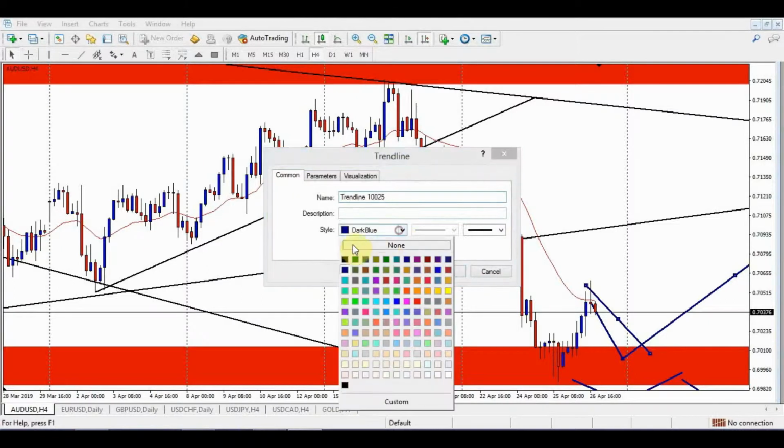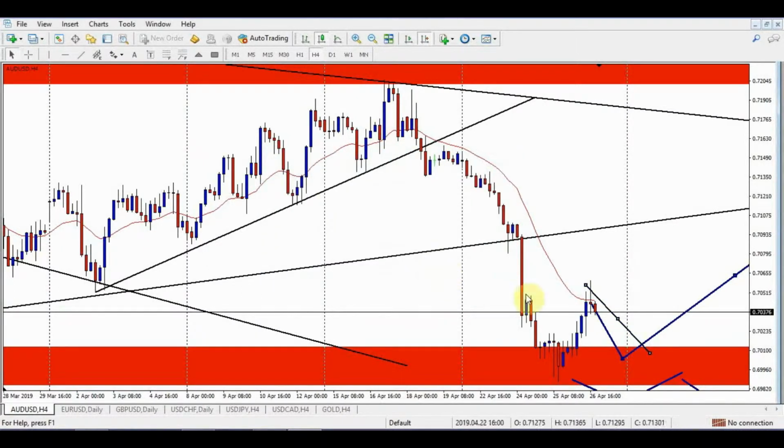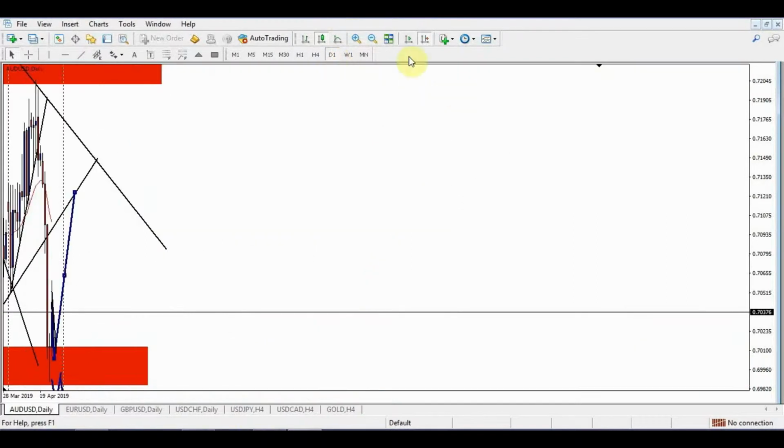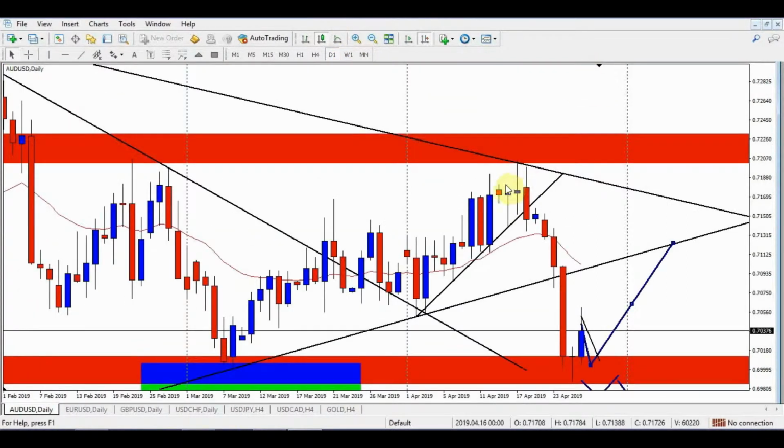If I do have a break from it, I'll be looking for a buy trade. Basically, just that. If we have a candle close below this one here, I'll be looking for a sell trade, but not until I have a structure broken.